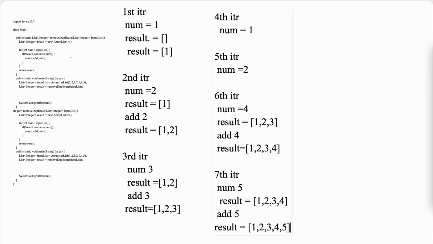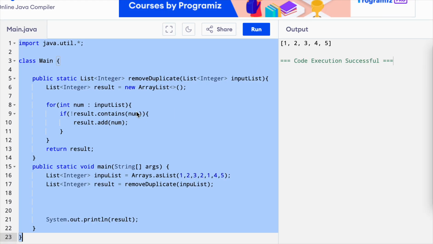The list lookup uses the contains method, as you can see in the code, to check if the element has already been added. However, keep in mind that the contains method has a time complexity of O(n), so the solution could be less efficient for larger lists. Basically this is a simple and direct approach to remove duplicates from the list without converting it to a set. So this is regarding the list.